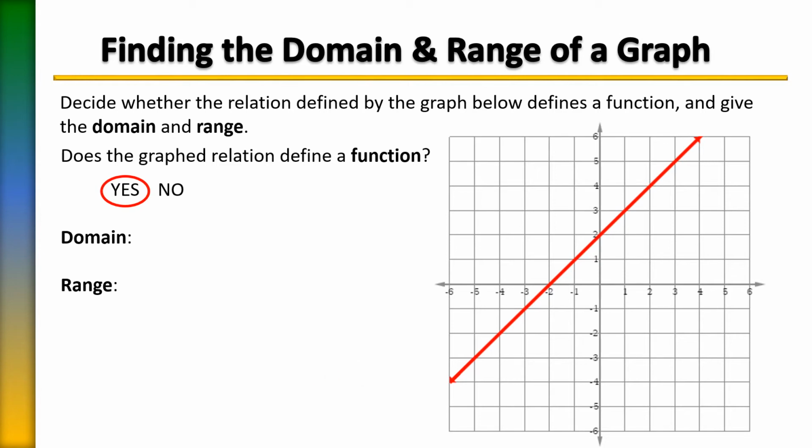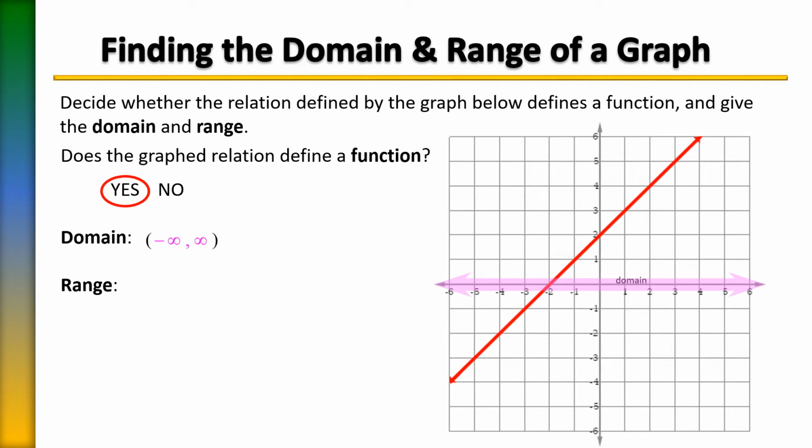And yes, it's going to go down, but it's still going to be going to the left, forever to the left. And it's going to be going forever and ever to the right. So therefore, we would say that the domain would be from -infinity to +infinity. And we always close infinity with parentheses. Always use parentheses when you have infinity on both ends.